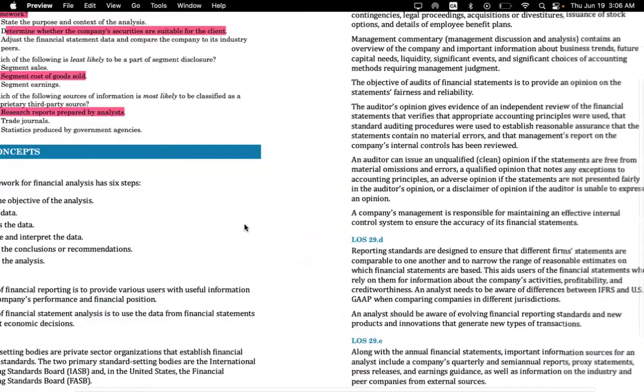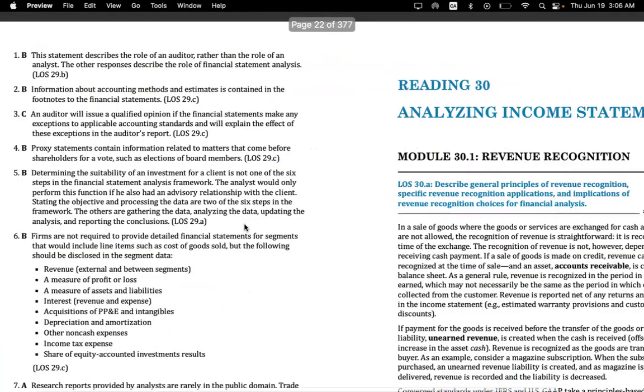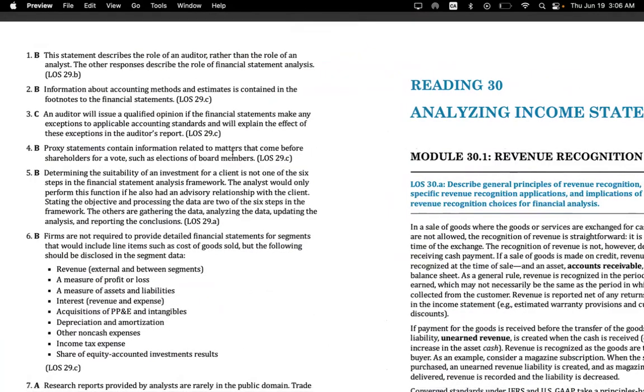We can look at the answers now. This is correct. This is correct. This is also correct.